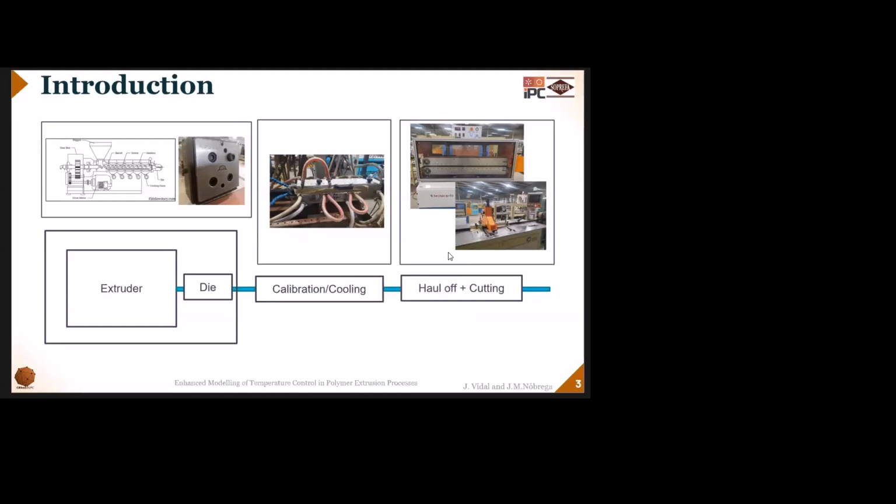In the extruder plus die part, we melt and form the material. In calibration, we cool it and define the final cross section of the profile, and in the end we cut it to the desired length.